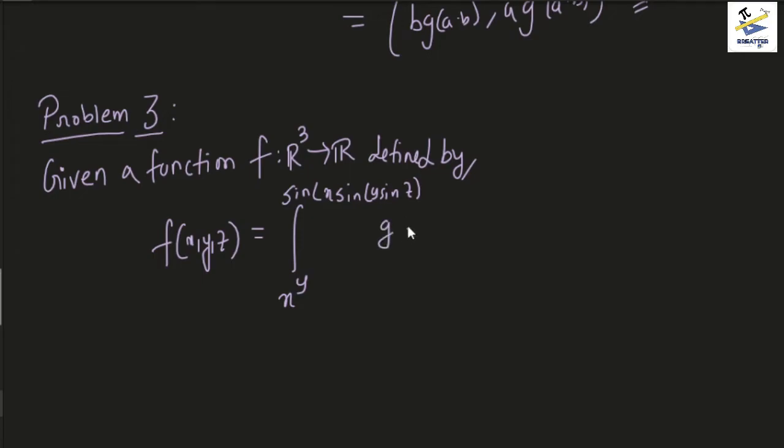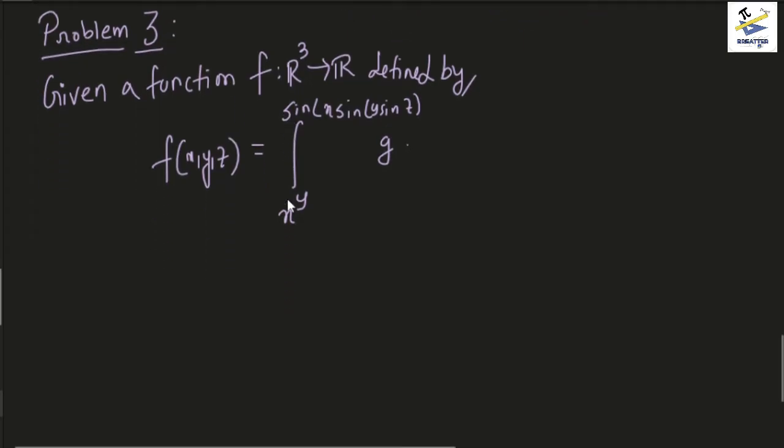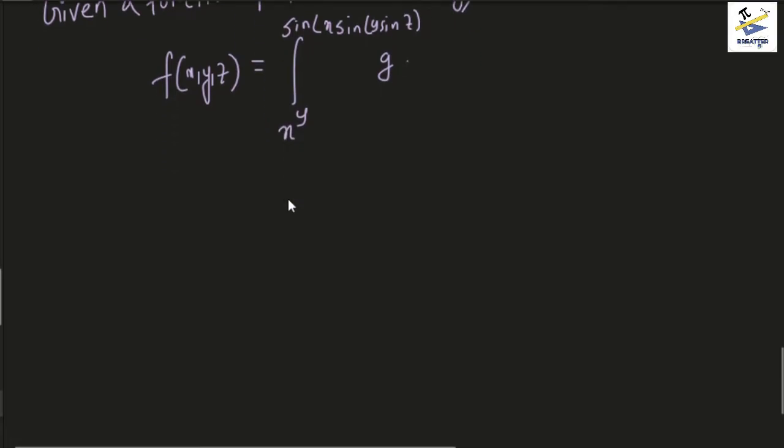That function, sine of x sine of y sine z, is a function whose derivative has been found before, so we are going to use that as a known derivative. We are going to treat it as a function h of (x, y, z) whose derivative is found.